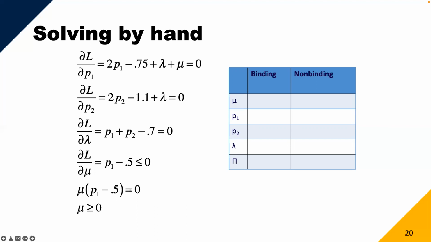And then you have your last KKT conditions here. Essentially what you've got going on is a whole bunch of equations and a whole bunch of unknowns, and then you can go about solving them.